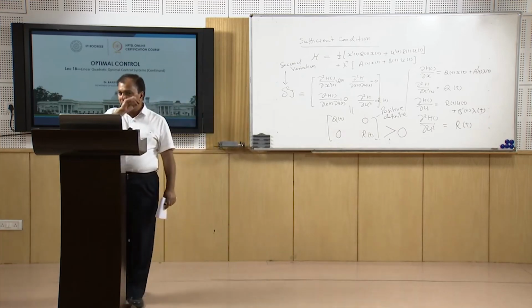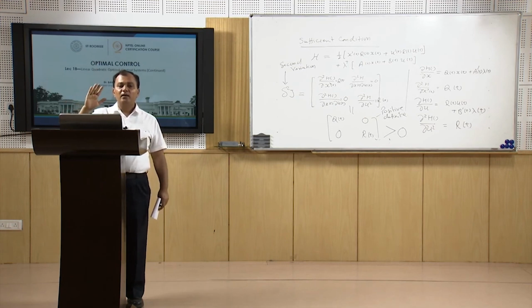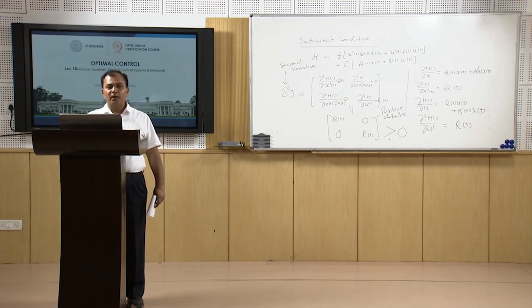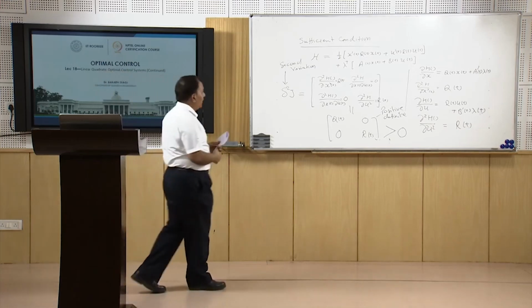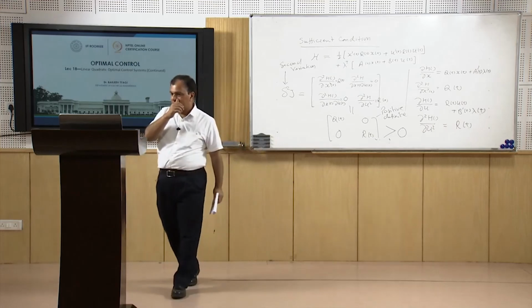LQR problem we normally solve for the minima, minimizing the performance index, and my optimal u is determined by minimizing the performance index.